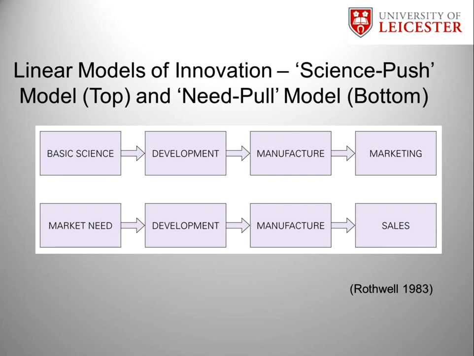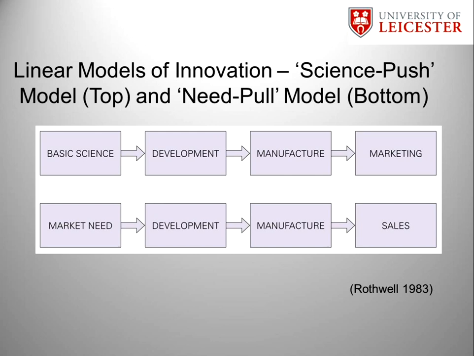Now this model, the linear model, came out, I guess, in the 1960s, but it was one that many countries were using prior to that. During the 1970s and in particular the 1980s, companies are increasingly directing their innovation efforts by looking to the market, seeing what the market wants, and driving the innovation process by need.